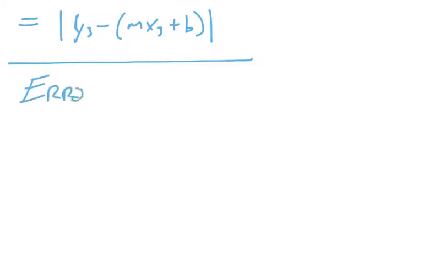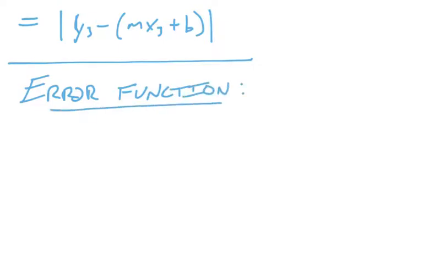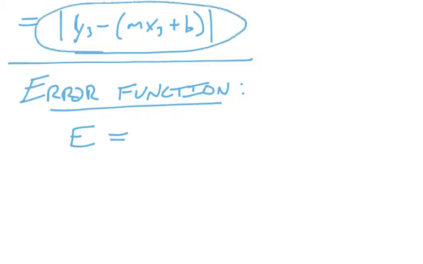All right, so our error function is going to be the cumulative error between our line and the data set. So what that's going to be is it's just going to look exactly like this absolute value thing going on there, except we're going to have one for every single data point.